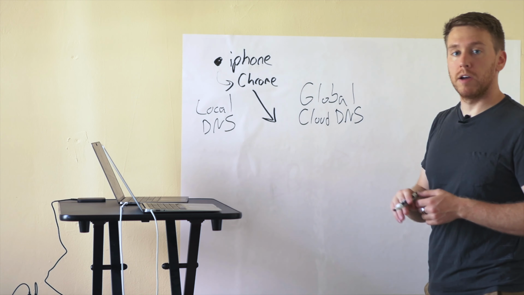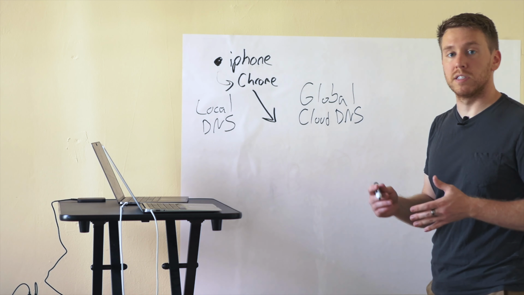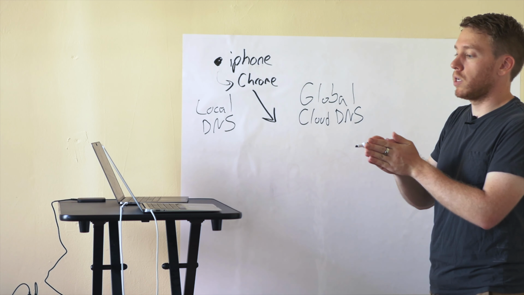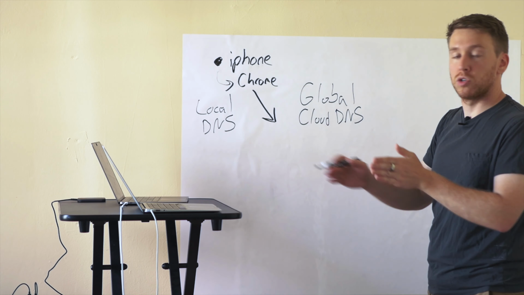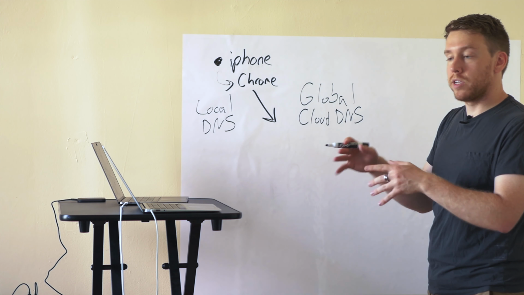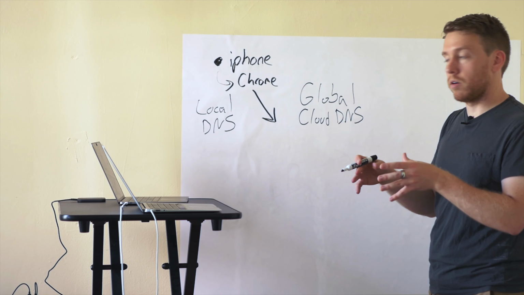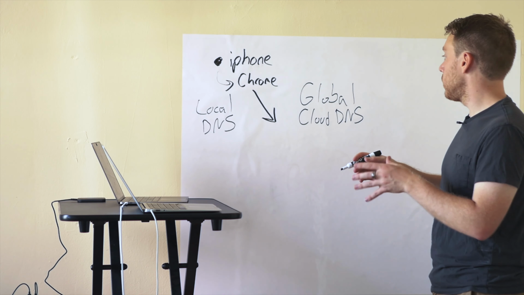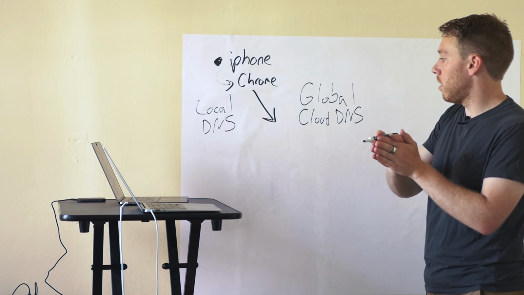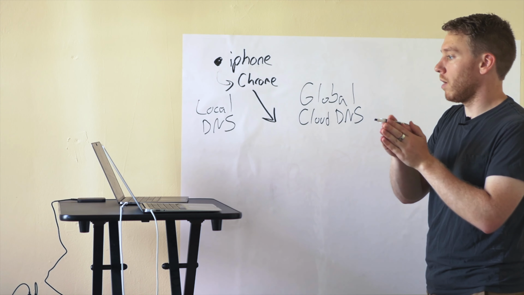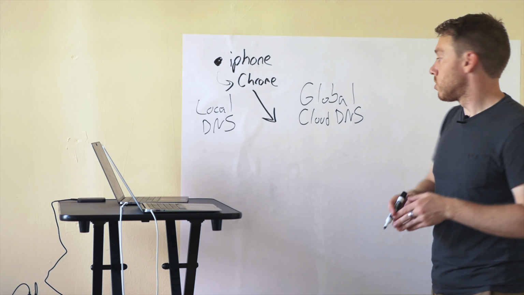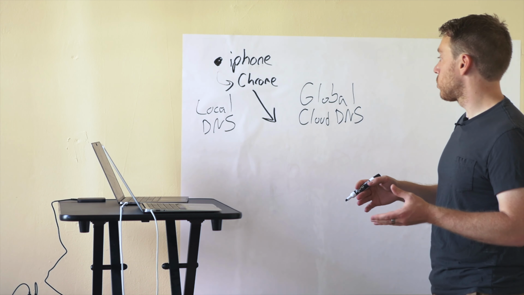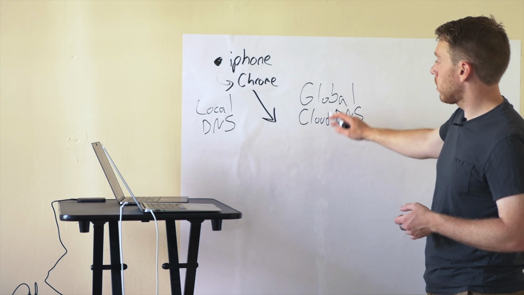This is maintained by a bunch of different companies and services. What global cloud DNS does is it knows how to point a domain name to an actual IP address. The reason we use domain names is because they're phonetic or mnemonic devices to easily target a particular server. It's just an ease of use thing, but there needs to be that mapping stored somewhere. So there's also a global cloud DNS.